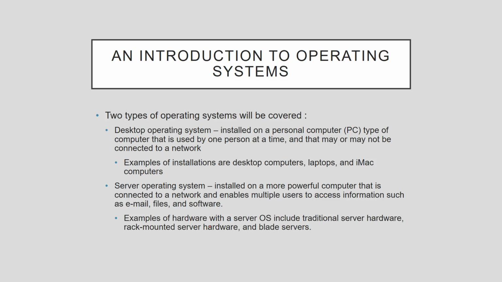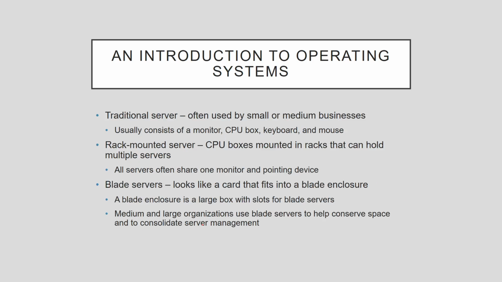The server hardware can also take different forms, including the traditional server, the rack mounted server hardware, and the blade servers. The traditional server, often used by small or medium sized businesses, consists of a monitor, the CPU box, keyboard, and the mouse.